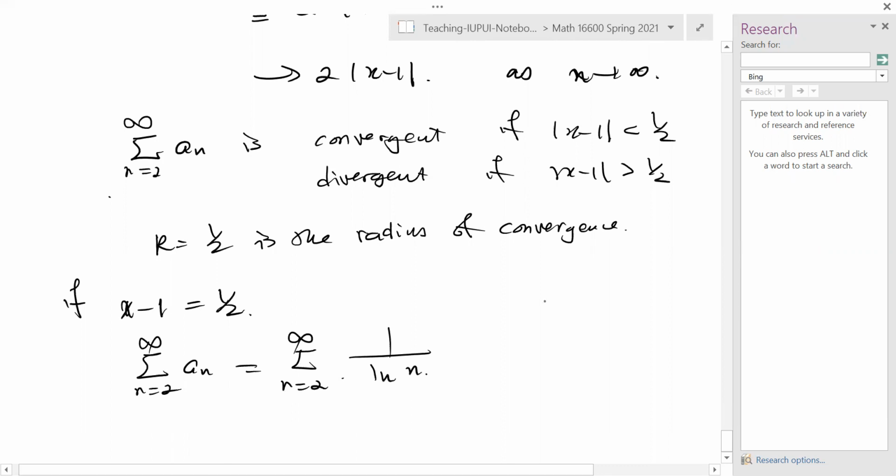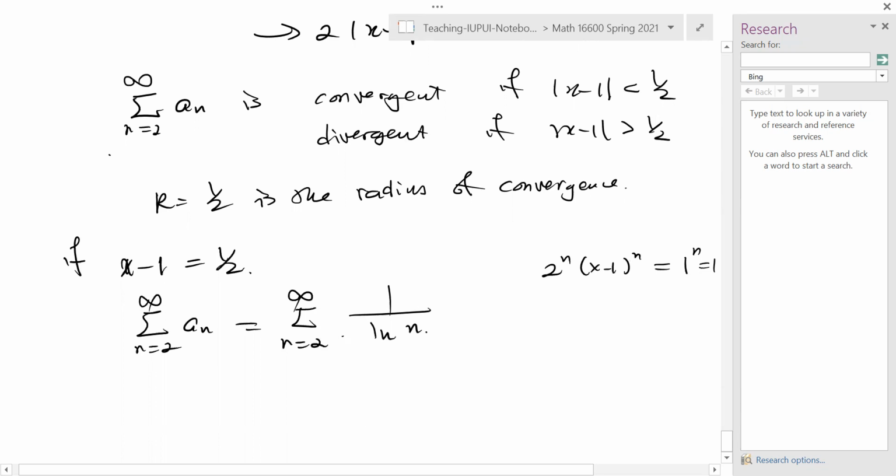The reason is that we have 2 to the n times (x minus 1) to the n, so this is 1 to the power n, which is 1. Now, why is this divergent?